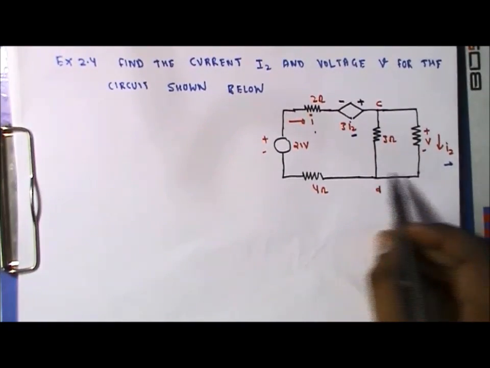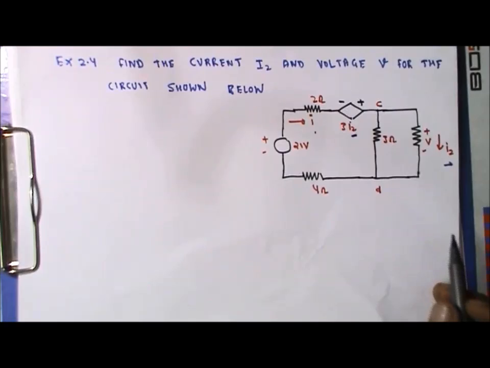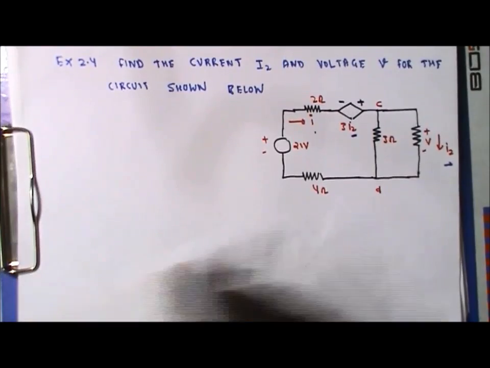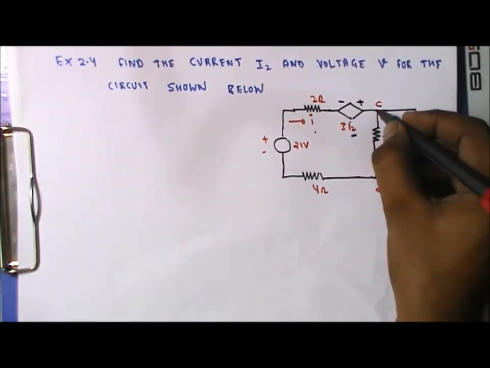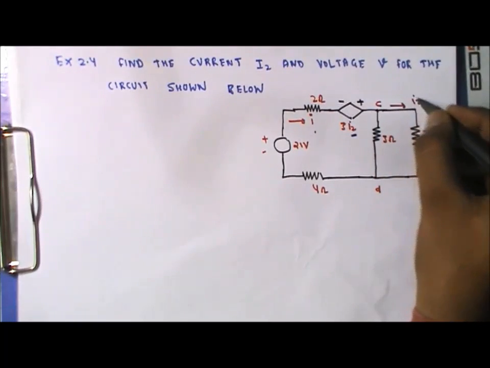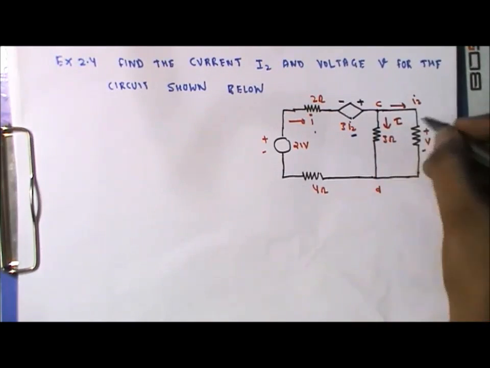So there are two loops, or two meshes. With the help of mesh analysis, we can easily calculate the value of V and I2. Let's solve this question. This current is entering node C, so we can assume that this current is I, and the leaving current is I2.